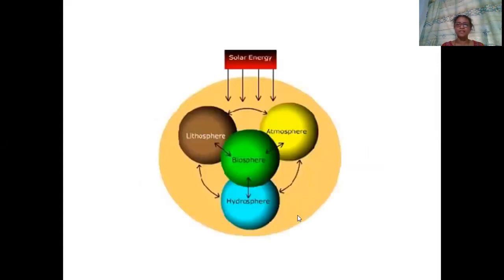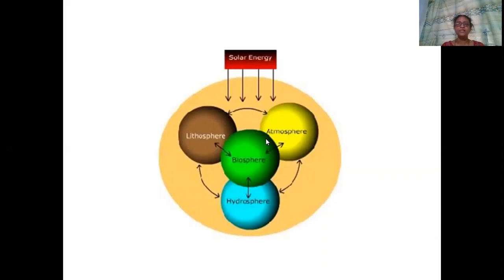This is the diagrammatic representation of biogeochemical cycles, where solar energy, which is the main source of energy for all the processes, drives the matter circulation, or transfer of minerals from one place to another between these four components of the environment.